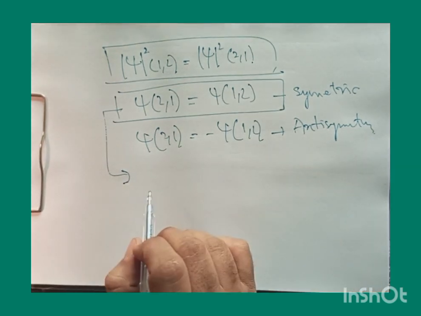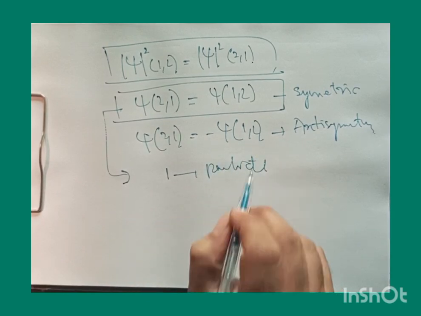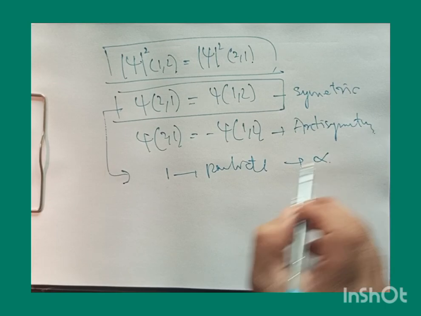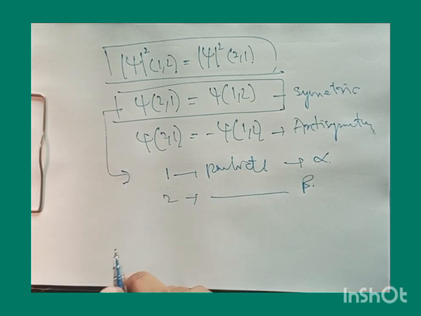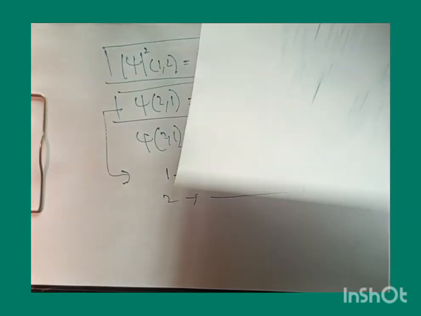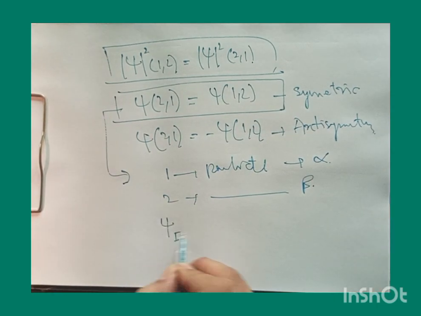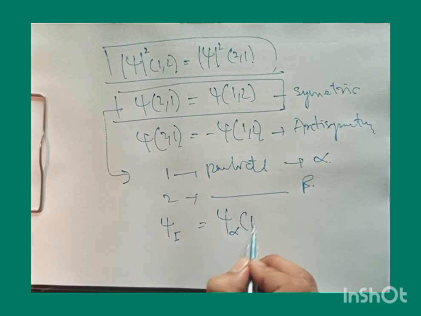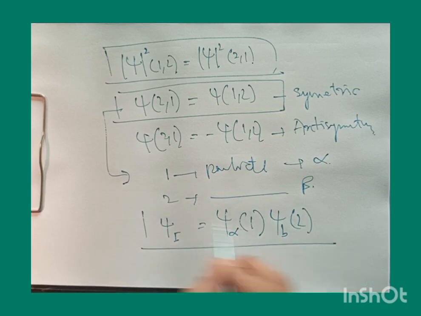Now, suppose we have particle 1 in the state alpha and particle 2 in the state beta. The wave function of this combination, in accordance with this equation, can be written, say, as psi first, which is psi of alpha 1 and psi of beta 2.